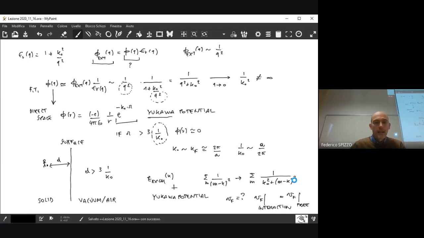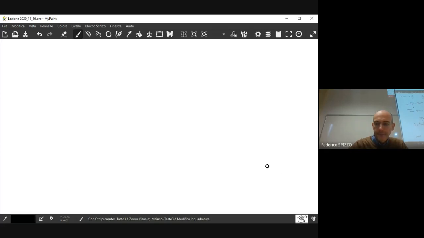So this is quite an important point, because again, even if the electronic density is huge, because we have a number of electrons that is of the order of 10 to the 28 electrons per cubic meter, the Fermi velocity is nearly unaffected by the electron-electron interaction.